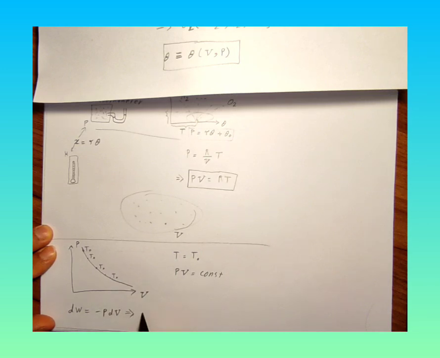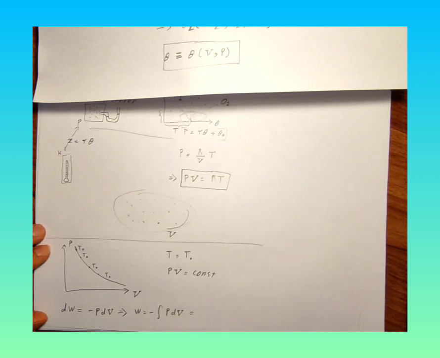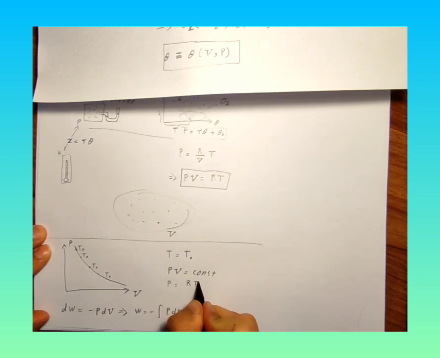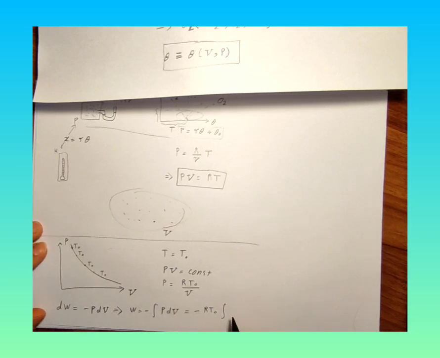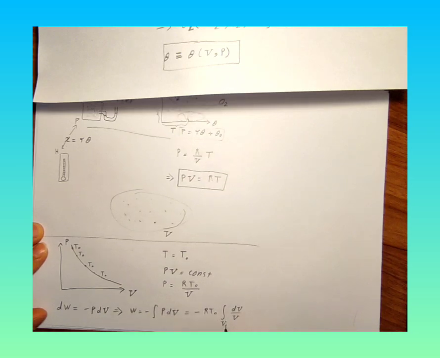So W is minus integral of P dV. You can put P equal to R T0 divided by V. So this will be minus R T0 integral of dV divided by V from V1 to V2.